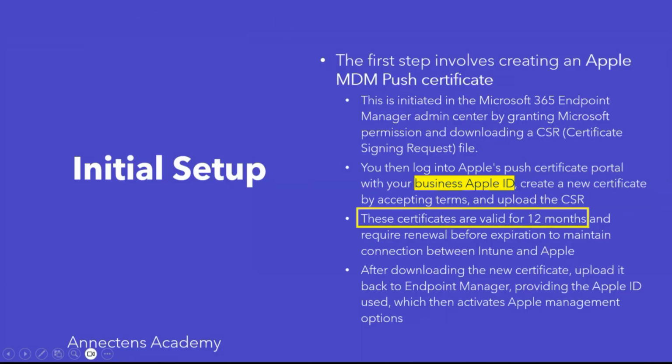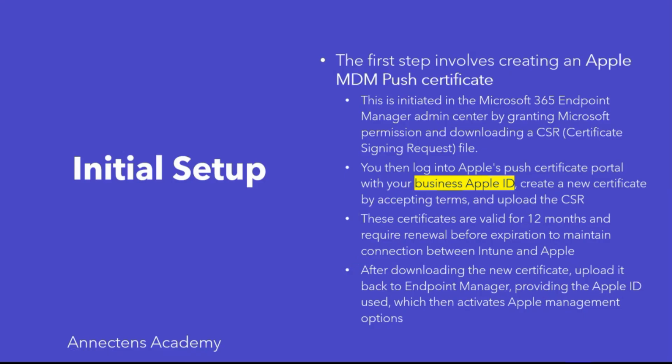After 12 months we need to renew the certificate. So it's better you set the renewal and ensure that before the expiration you set up this certificate again. That way the communication between Intune and Apple will stay intact. After downloading the new certificate, we need to upload it back to Intune Endpoint Manager through the same Apple ID.